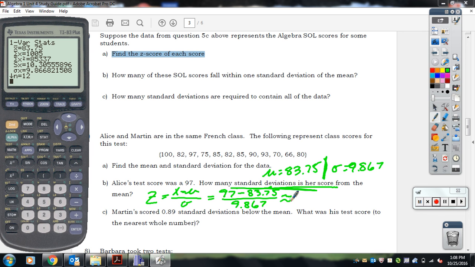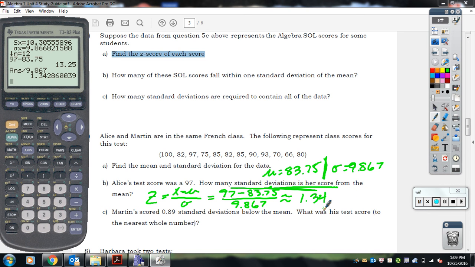When I do this work, 97 minus 83.75 equals, got to get the numerator first, divided by 9.867, and that is a 1.34, we'll call it, a 1.34.